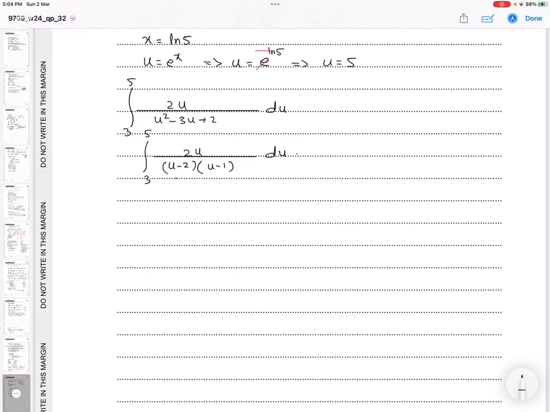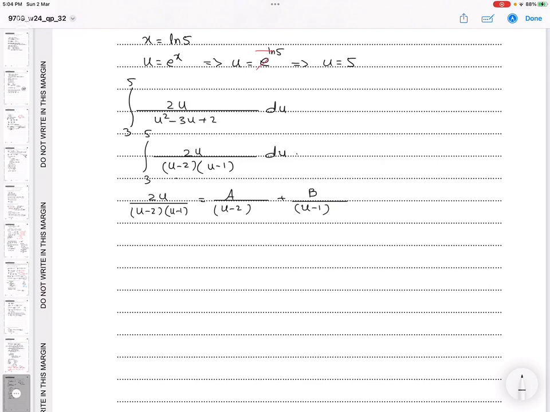Now I have to do partial fractions. So 2u over u minus 2, u minus 1 equals a over u minus 2 plus b over u minus 1.